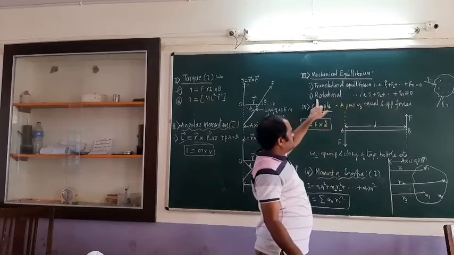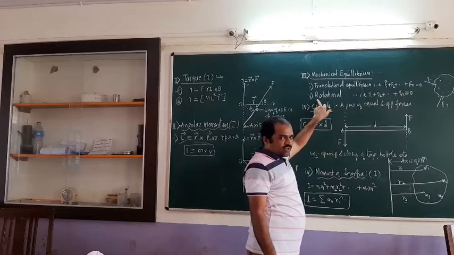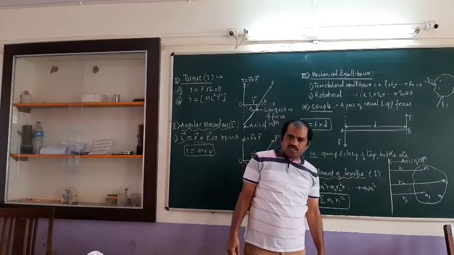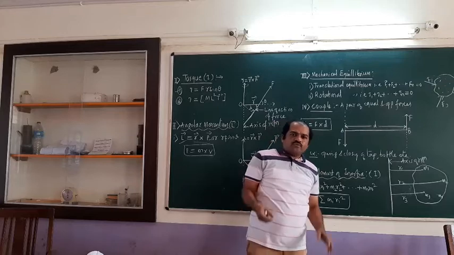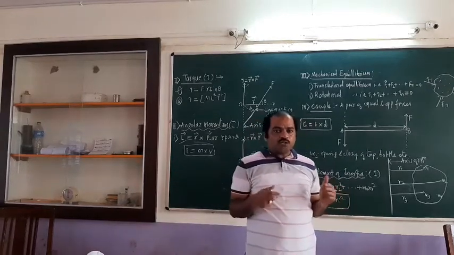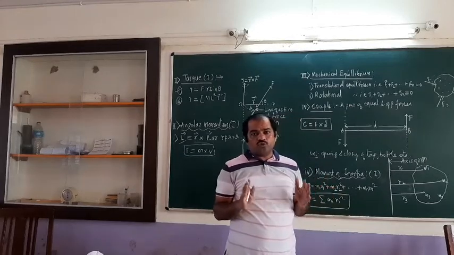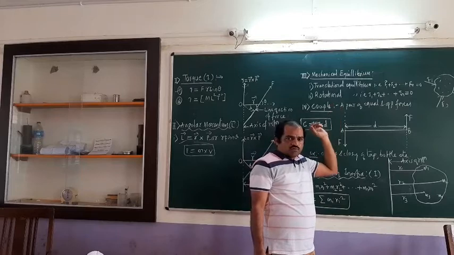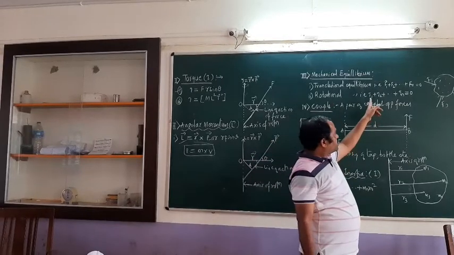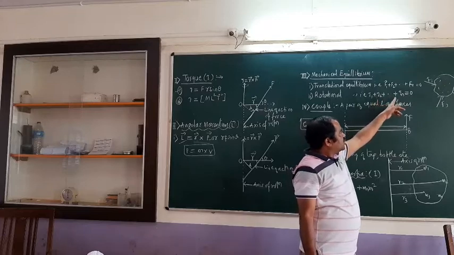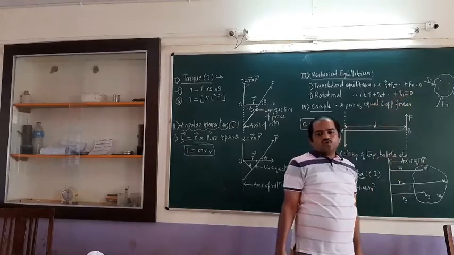Then another condition is rotational equilibrium. The body is said to be in rotational equilibrium if the sum of all the torques acting on the body is equal to 0. The condition we write for that is tau 1 plus tau 2 plus so on, tau n, equal to 0.